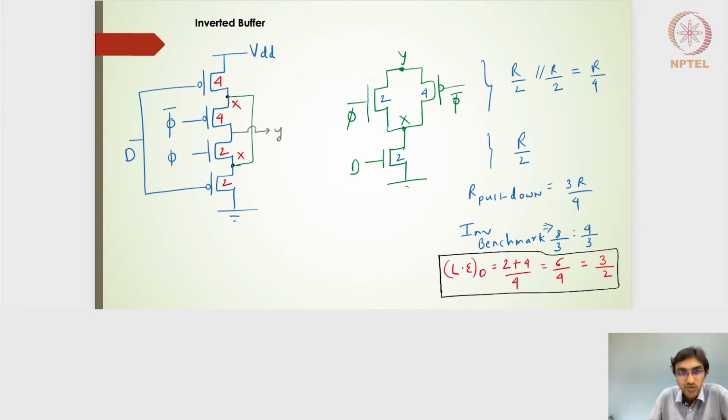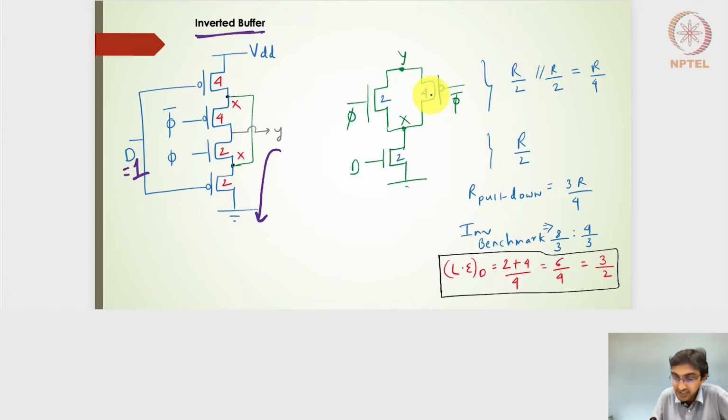Right, so let's try to quantify that effect. Let's have the widths here of 4, 4, 2, 2. For the inverted buffer design, these nodes are connected. I'm going to evaluate the overall switching resistance, taking the case when D is equal to 1, so I will have the falling switching resistance.